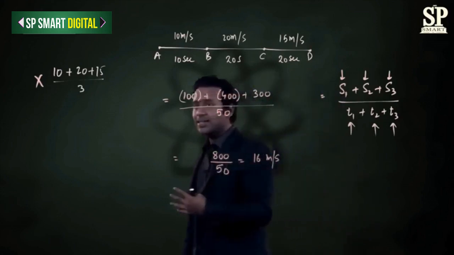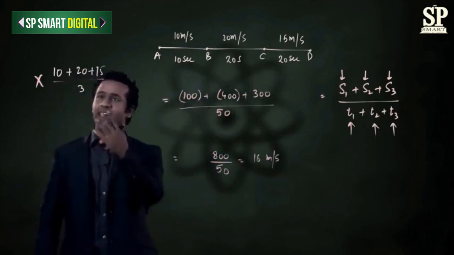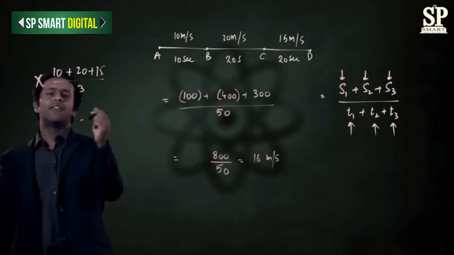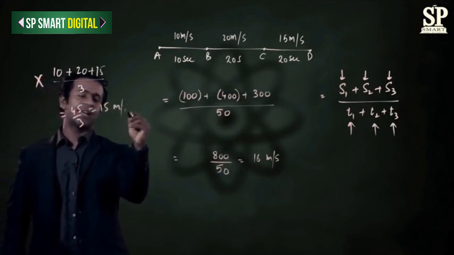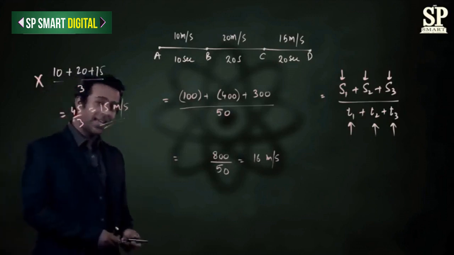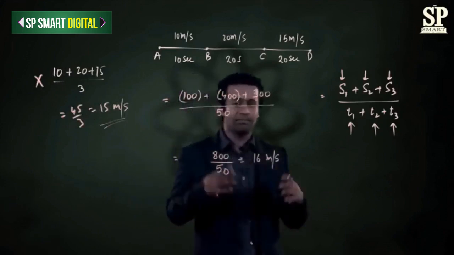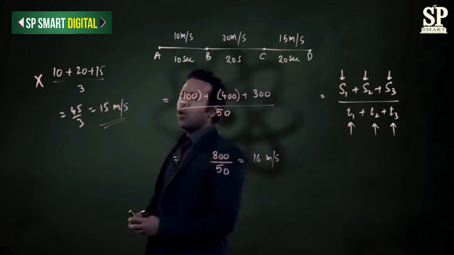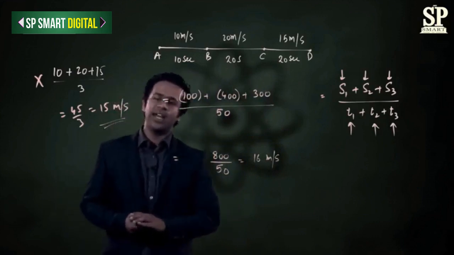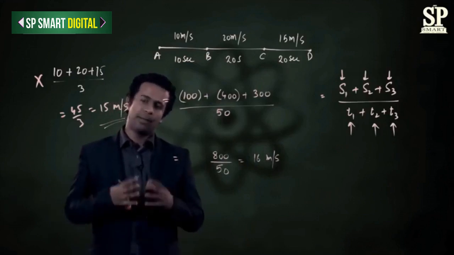And mind this, that average speed is not the average of the speeds. Had you done this, you would have gotten 45 by 3, which is 15 meter per second. Now this would have been the average of the rate of covering distance, but we need the average rate, right? So I hope with this you have a clear idea of speed and velocity. In the next session, we will talk about acceleration.